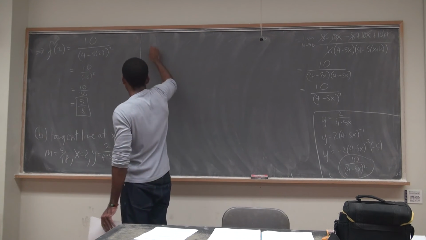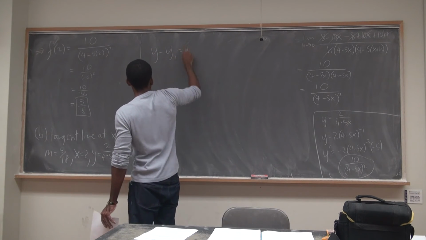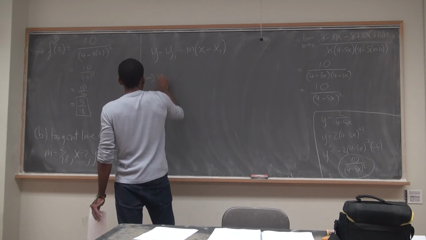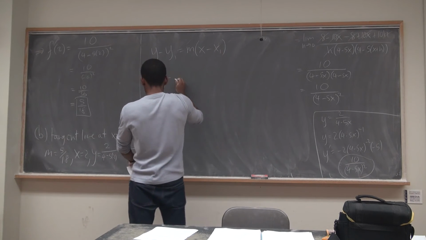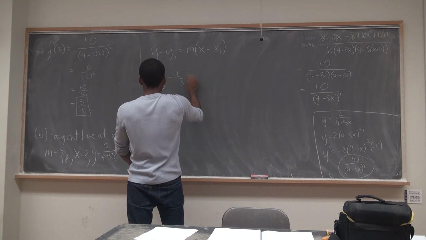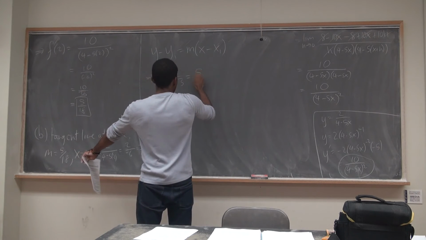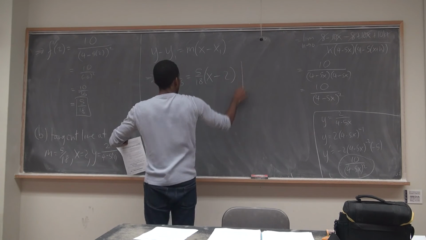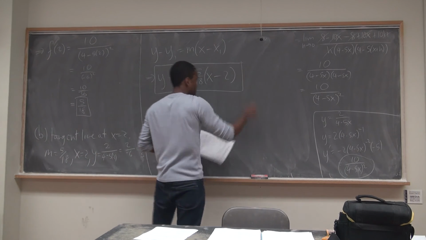And so now my tangent line is y minus y1 equals m times x minus x1. So y minus my y value, which means plus a third, equals m, which is 5/18 times x minus my x value, which is 2. That's my tangent line.